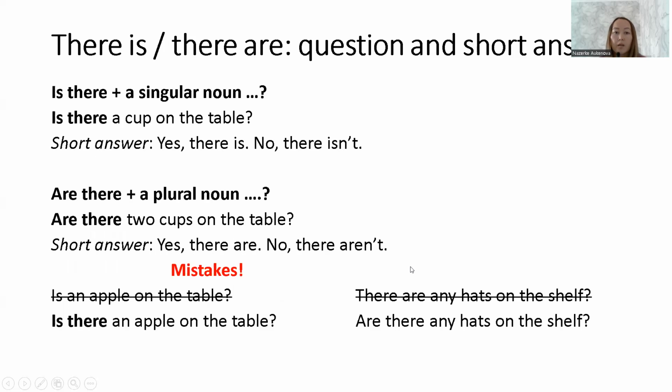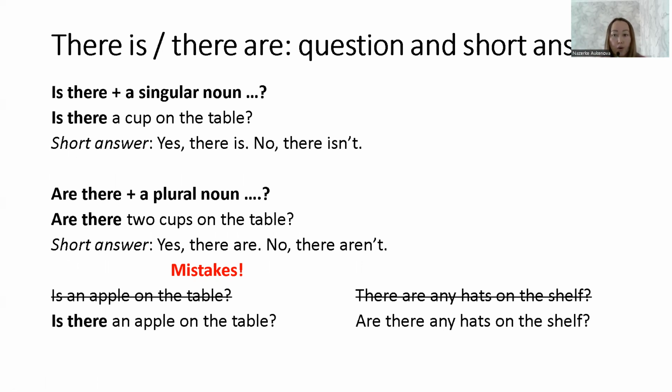Okay? Let's talk about the question and short answer of there is and there are. In the question form, we have to change the places of there and is. In a positive or negative sentence, in the first place we use there and then is or are.